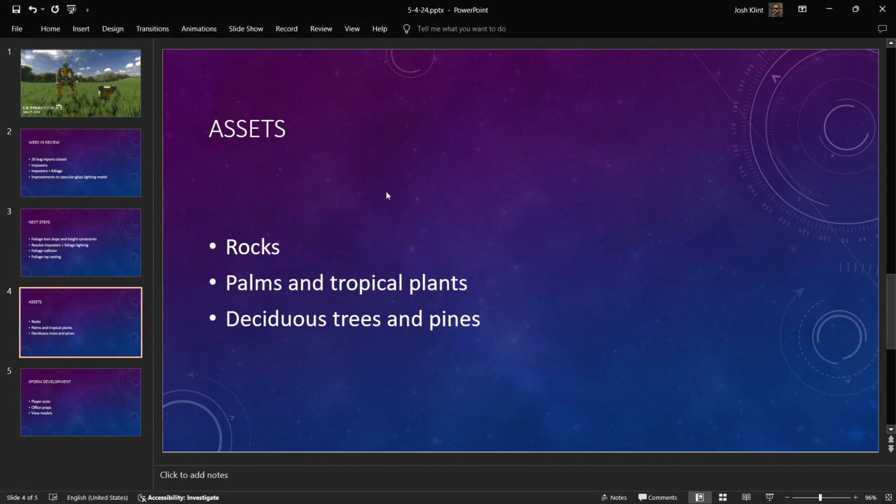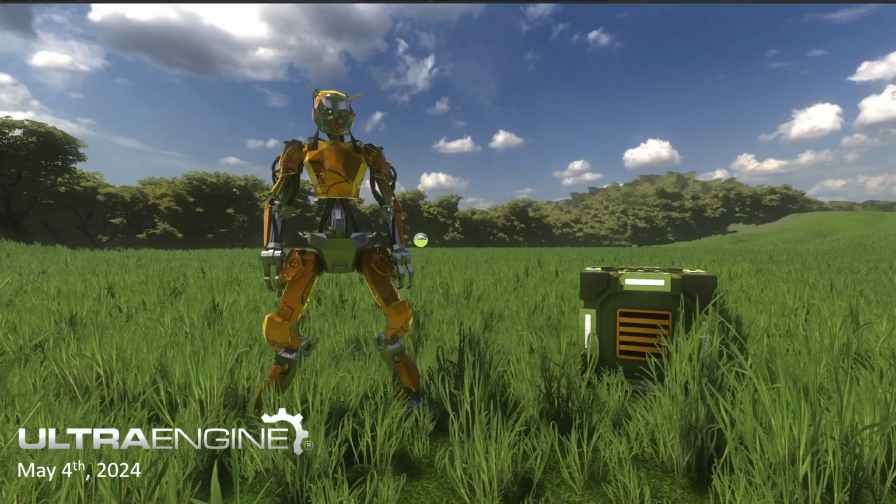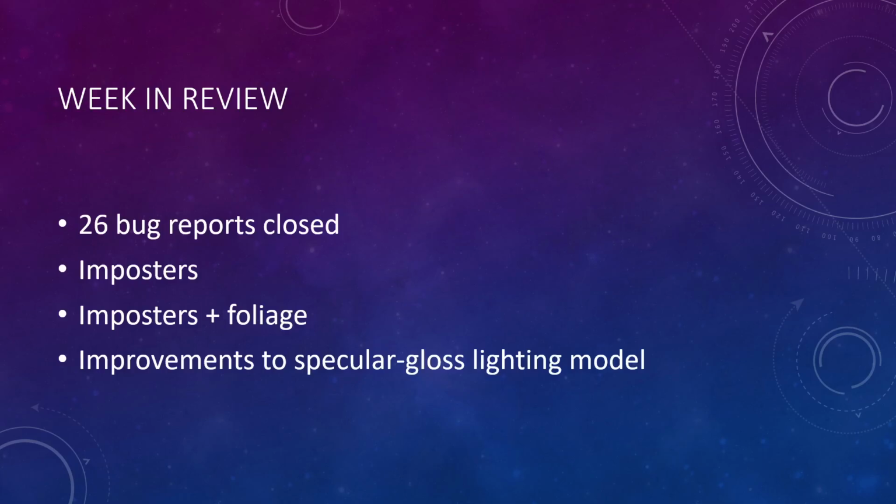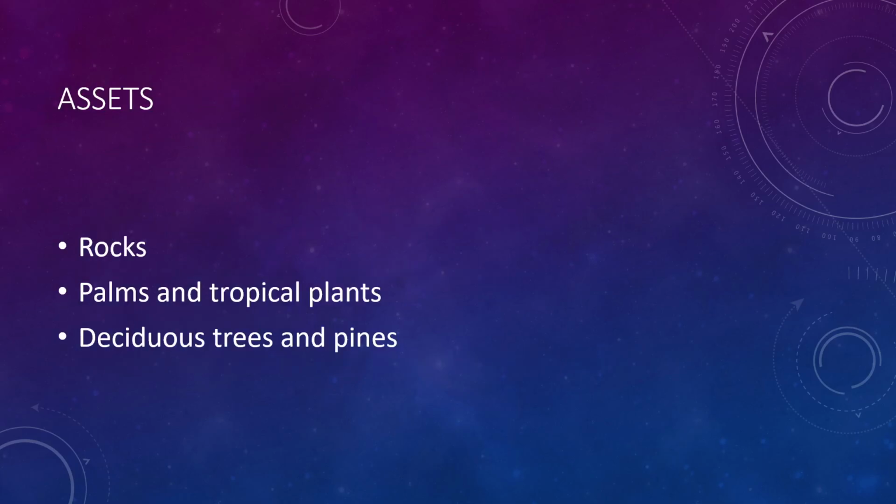Let's see. We can talk a little bit about assets. I have a good source of rocks. I have 57 rocks, and they're very good quality, high resolution, not too high poly. I could use some help creating LODs for those. I think Alien had expressed an interest in that when he gets back from being in the middle of wherever he is.